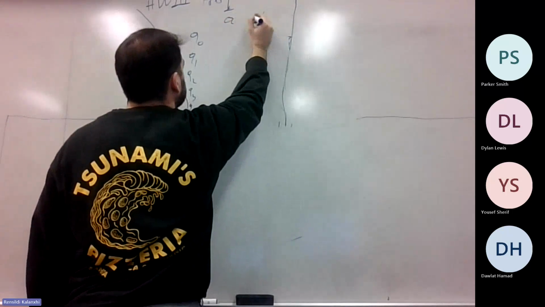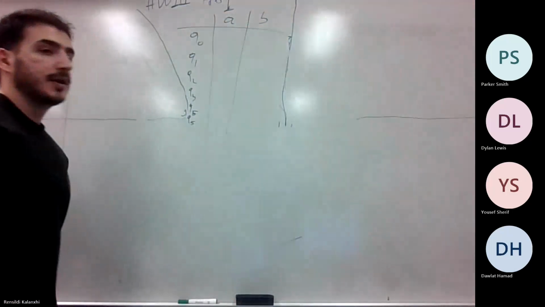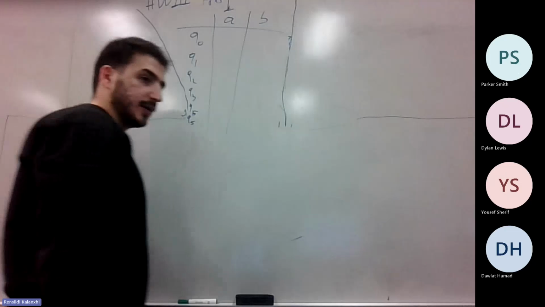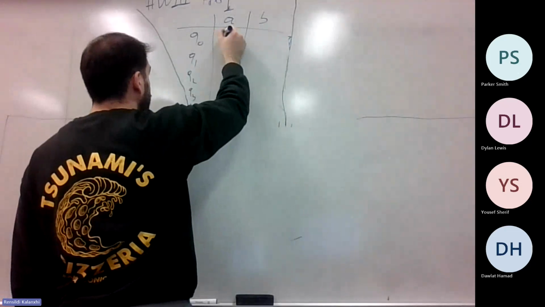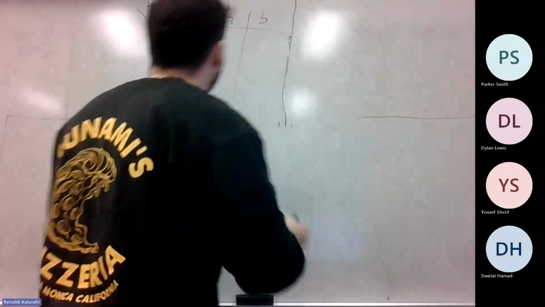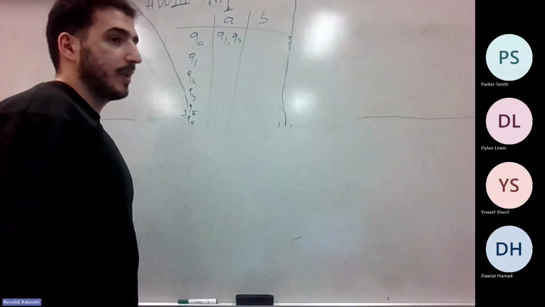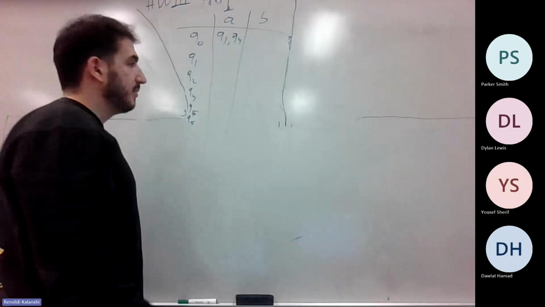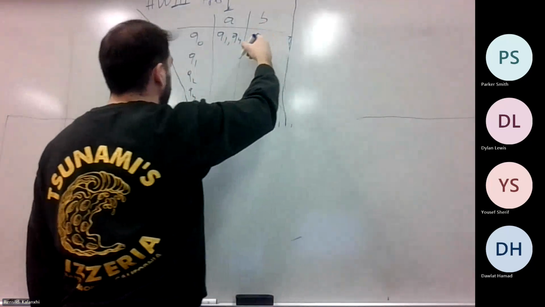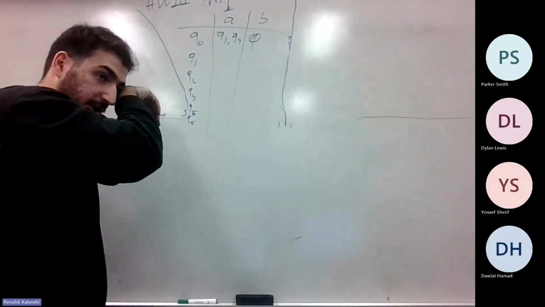You have A's and B's. A is pointing from Q0 to Q1, as well as Q4. And then no B at all. You don't actually have to build this kind of table, but it helps to understand what the language will be.